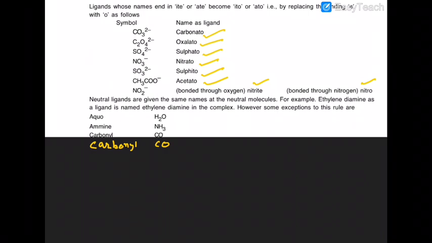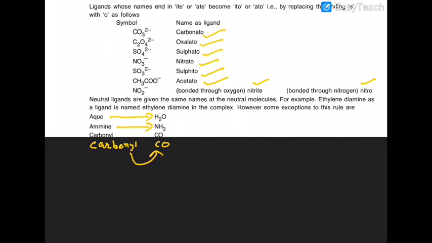Similarly, in case of neutral ligands, water is aqua, NH3 is ammine, and CO is carbonyl. All these names must be known to you.